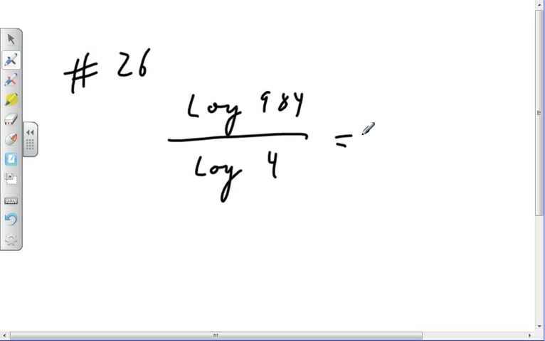I can't do any of those other things. So I'm going to have to go log 984 divided by log 4. Three significant digits, 4.97.